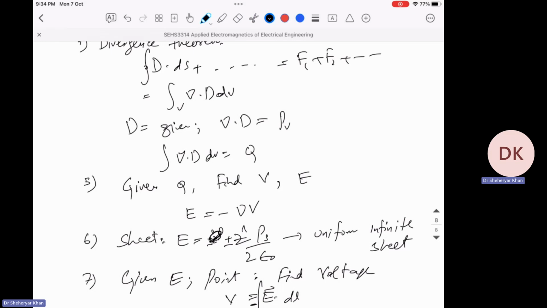Please remember, do not forget to mark. If you all get 100, how can I count the marks?